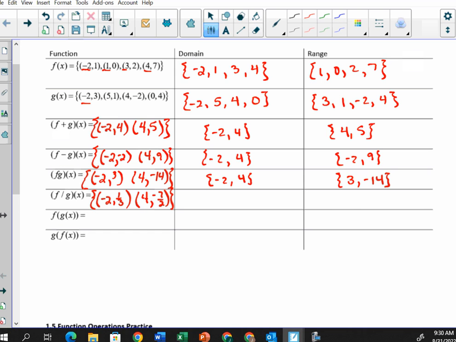What's a concern only with the division? What can I not divide by? 0. So if I ended up with like 7/0, you just wouldn't include that point because that doesn't exist. Okay?